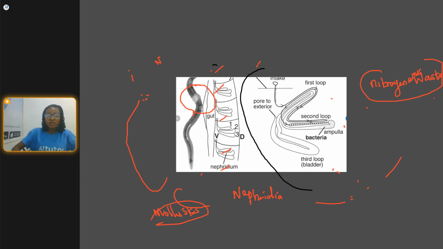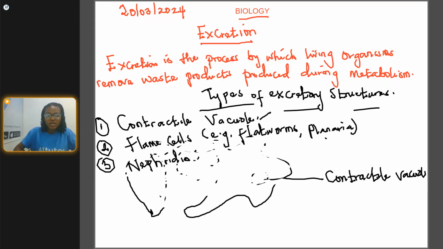All right, so we move to another structure, which is the Malpighian tubule. This is present in insects, and it also functions in almost the same way.